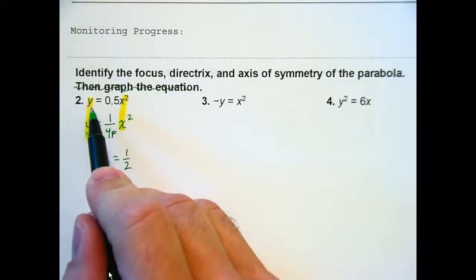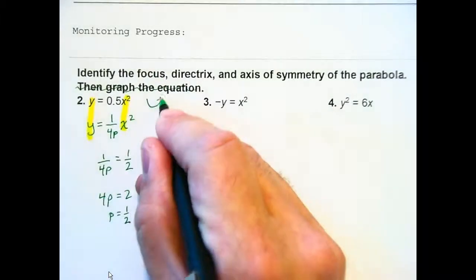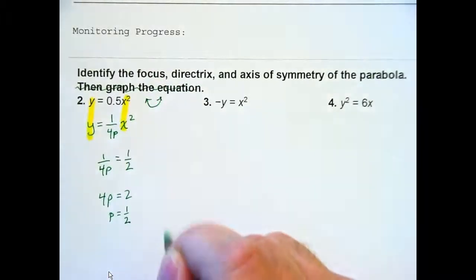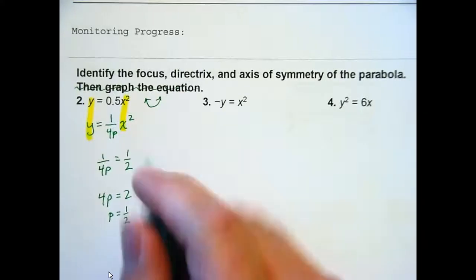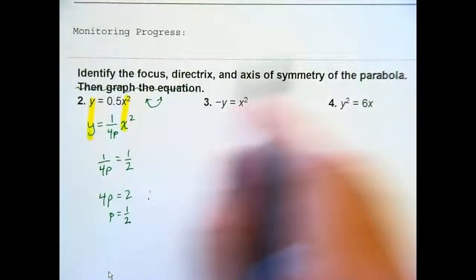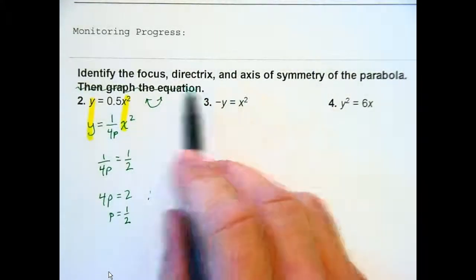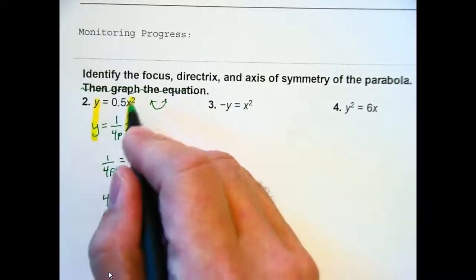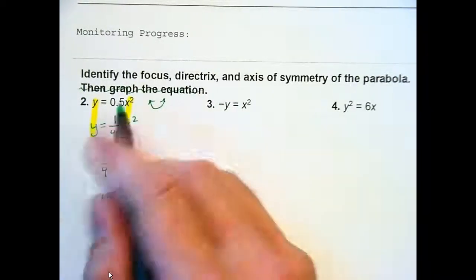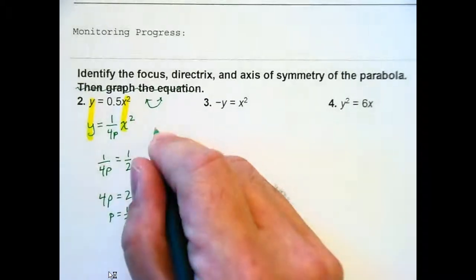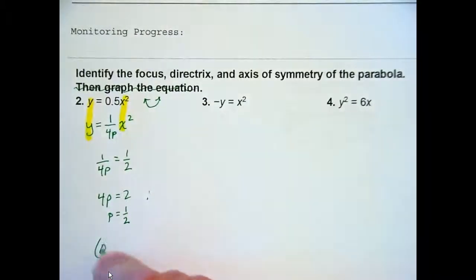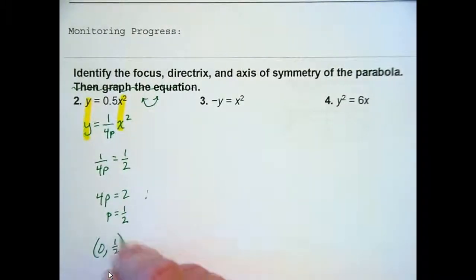It looks like this, so a quick picture might help. We also know that it doesn't have any shifts because there's no h term in there. So this has a focus of the ordered pair 0, 1/2. That's our focus.